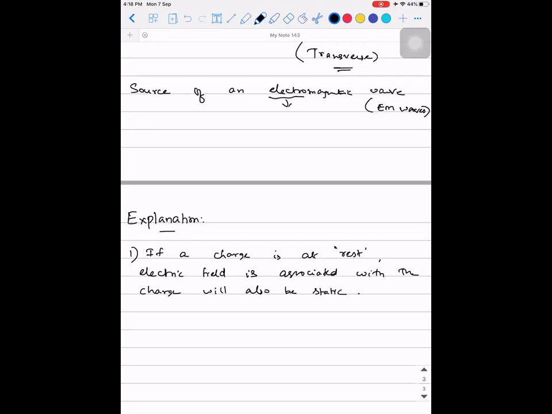So from this, I'm going to conclude there will be no generation of EM waves, as electric field is not varying with time.